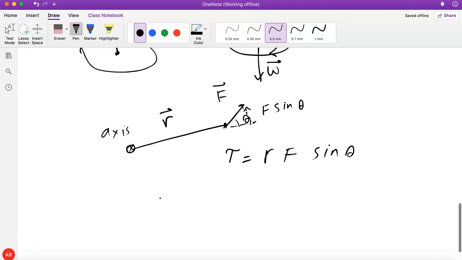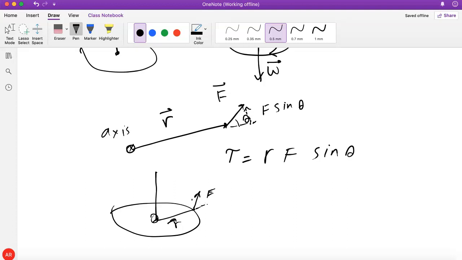So now our torque would be, if I go into this plane, let's say this is my axis here. This is r. This is my force F. So this is a counterclockwise rotation. So according to the right-hand rule, it must come out of the plane, right? If you put your right-hand thumb in the direction of this vector, then the closing of your fingers represents this rotation.